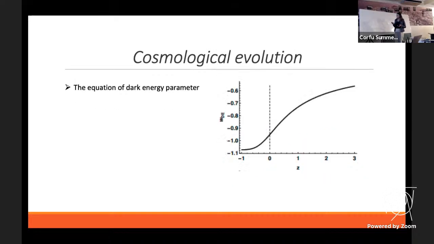Now let's talk about the evolution of W dark energy in terms of redshift Z. At present times, we can see that W dark energy is about -1, which is the observational data. So this is okay.